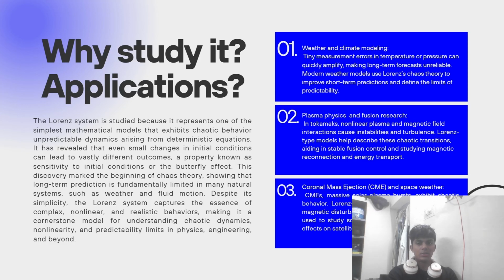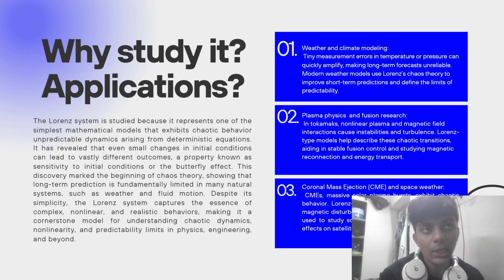This marked the beginning of chaos theory, showing that long-term prediction is fundamentally limited in many natural systems such as weather and fluid motion. Despite its simplicity, the Lorenz system captures the essence of complex, non-linear, and realistic behaviors, making it a cornerstone model for understanding chaotic dynamics.